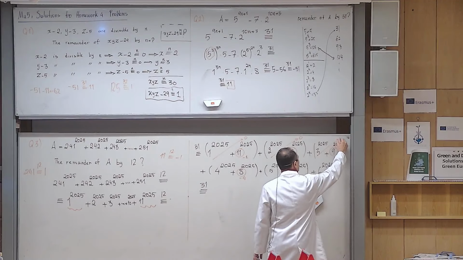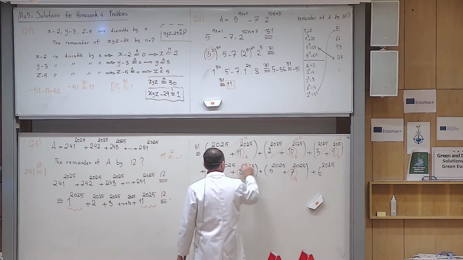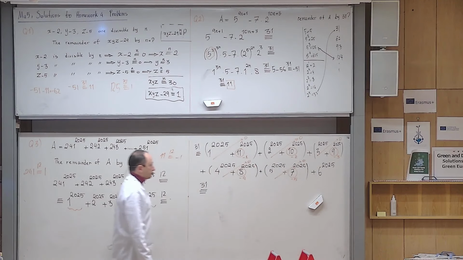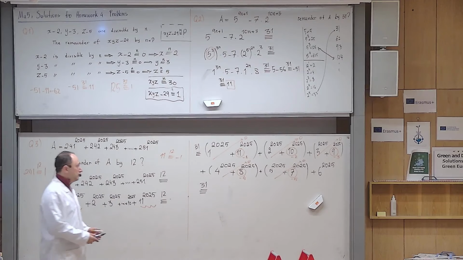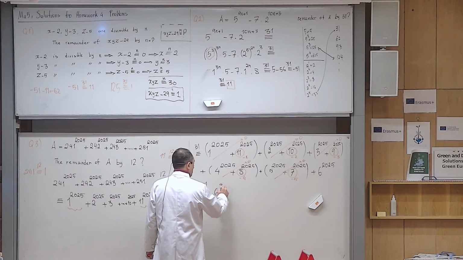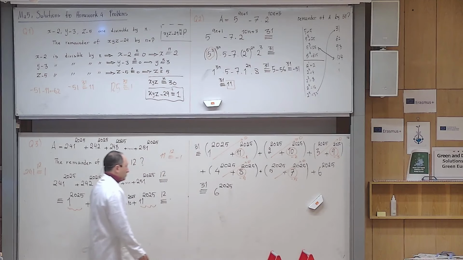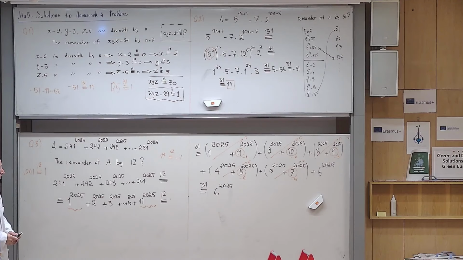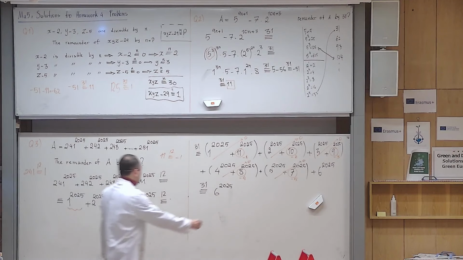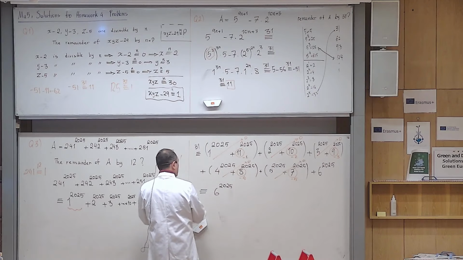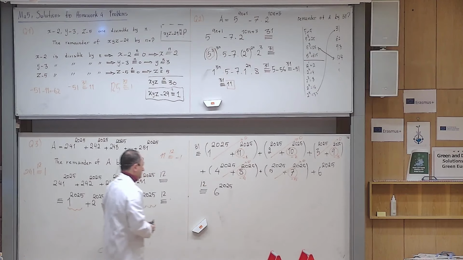The same is true here, the same is true here, and the same is true here. Yes? So I am left only with what? 6 to the power of 2025. So why did I write 31? So, sorry. It is what? 12. It is 12.